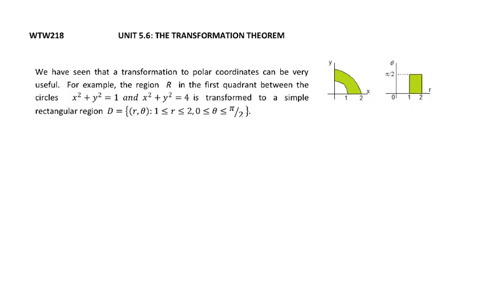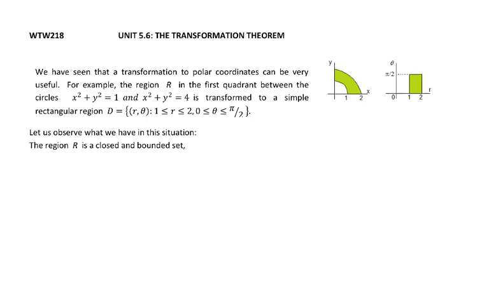x squared plus y squared equals 4 is transformed to a simple rectangular region D, where D consists of all points r, theta, with r between 1 and 2 and theta between 0 and pi over 2. Let us observe what we have in this situation.